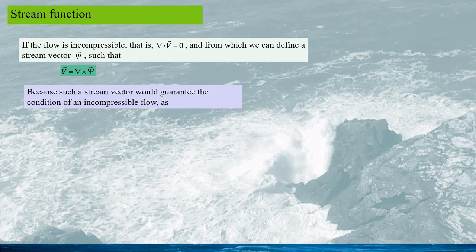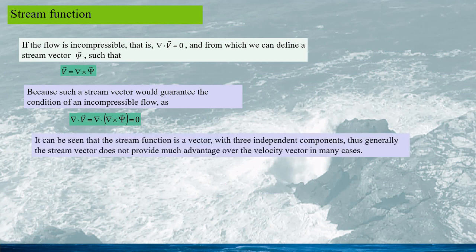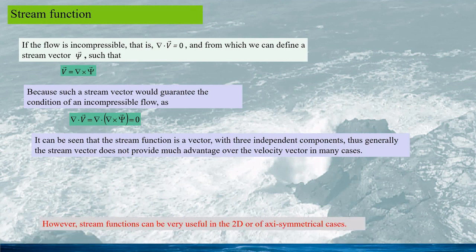And because of the stream function, the divergence of the velocity vector is 0. This is an incompressible flow. It can be seen the stream function is still a vector with 3 independent components. Thus, generally, the stream function does not provide much advantage over the velocity vector in most cases.